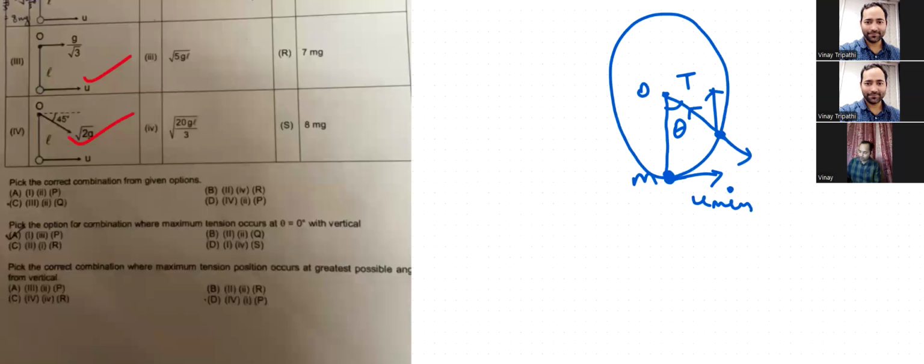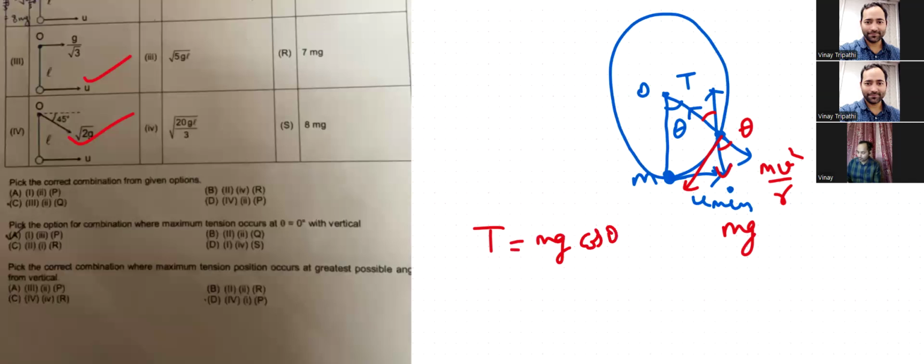Tension T is acting here, mv square by r, and here the weight mg is going to act. This is theta and this is theta. The restoring component mg sine theta will be bringing it to the original position, and in the radial direction everything would balance: T equal to mg cos theta plus mv square by r.